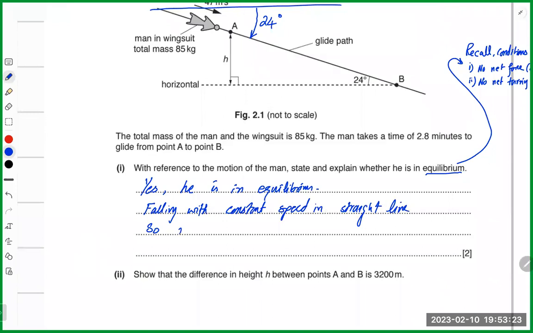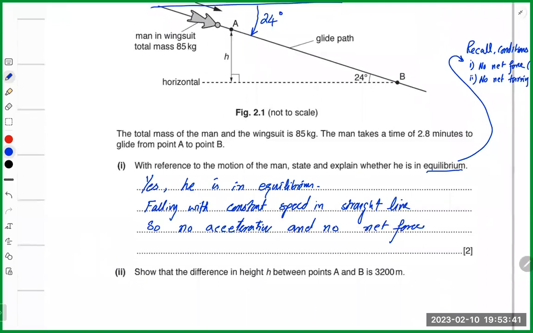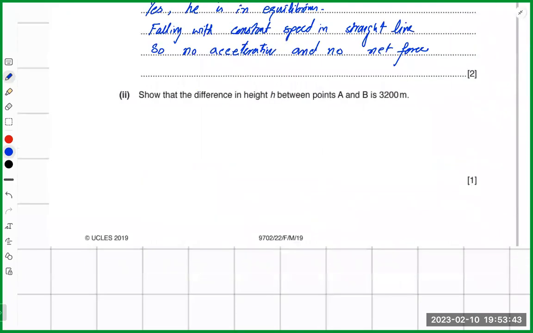So no acceleration and no net force. And neither is the object turning, nor is there any turning effect.